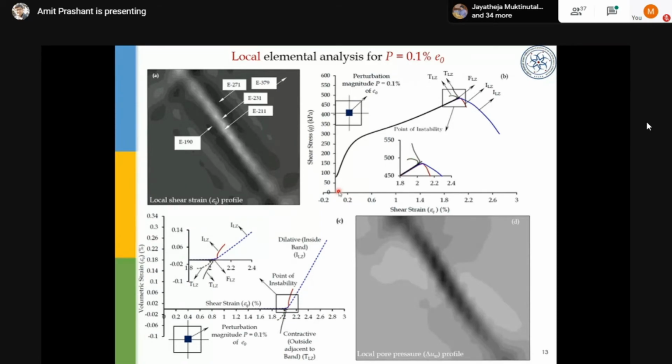Right? So what you see here is the result of that, in a way that there can be contractive and dilative bands developing in the soil element if you simulate. And also, you can notice a sudden change in the response when such kinds of instabilities develop in the global response, so the measurements at the boundaries.